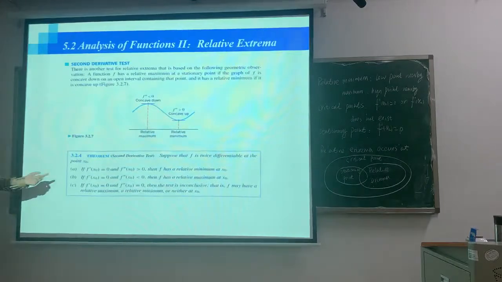The second case, if f prime equal to 0 and f double prime less than 0, then f has a relative maximum at x0. The third, if f prime equal to 0 and f double prime equal to 0, then the test is inconclusive. That is, f may have a relative maximum, a relative minimum, or neither at x0.